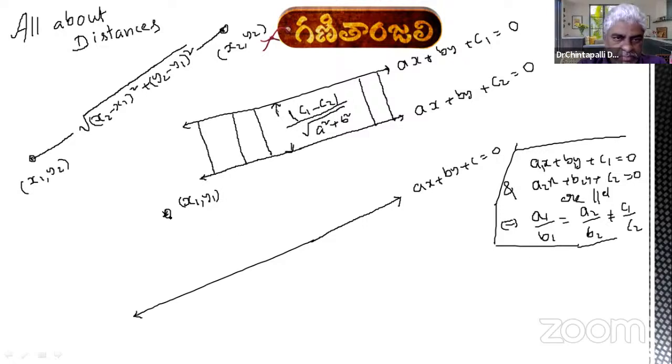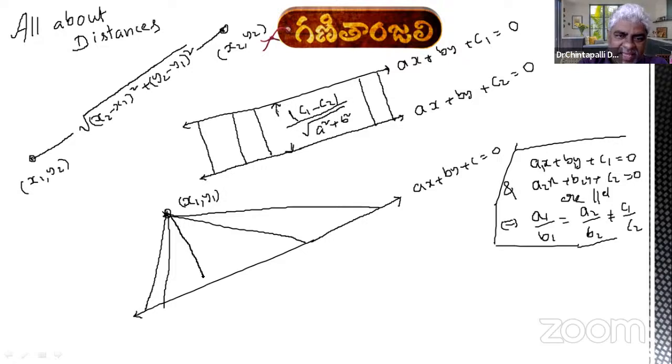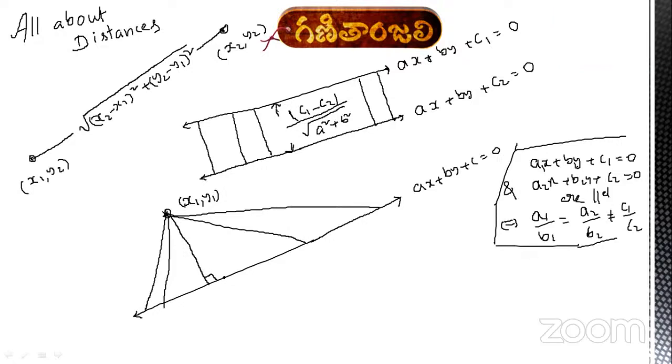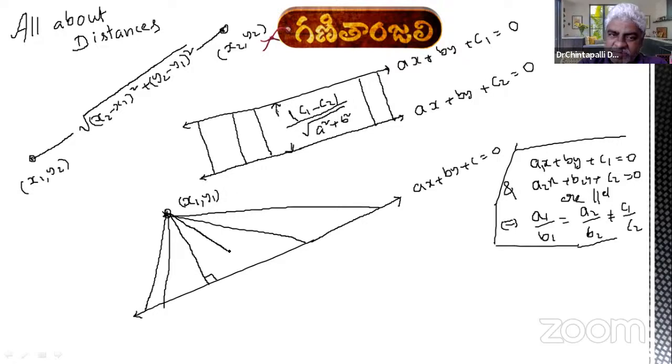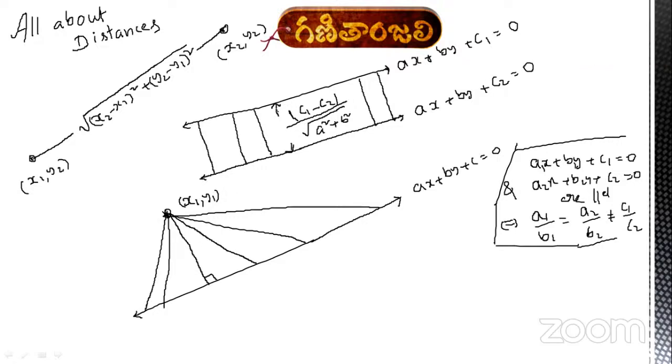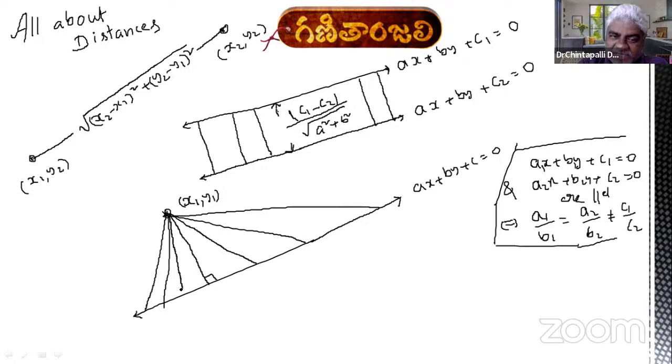See, this is the distance, this is the distance, this is the distance. In this way, we can consider infinite distances. Yes, sir. All these are distances. So which distance is considered to be the distance from this point to the straight line?